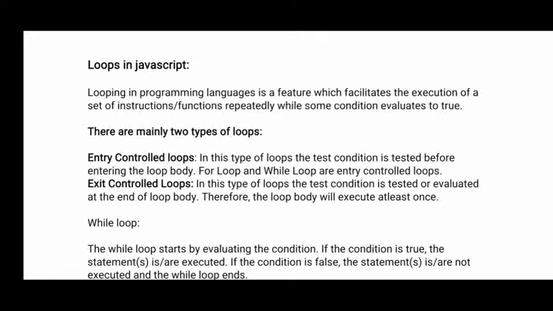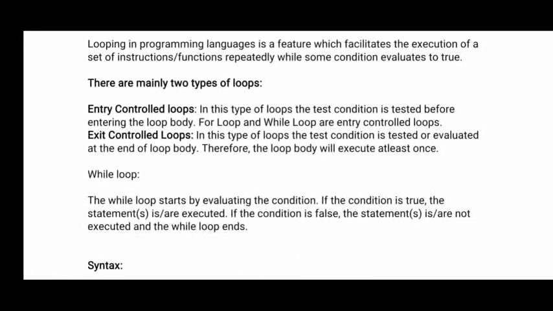There are two types of loops: entry control and exit control. In entry control, first we check the condition. If the condition is true, the loop body will be executed. So before executing the body of the loop, we check the condition; that is entry controlled. In exit controlled, after executing the body, we check the condition.